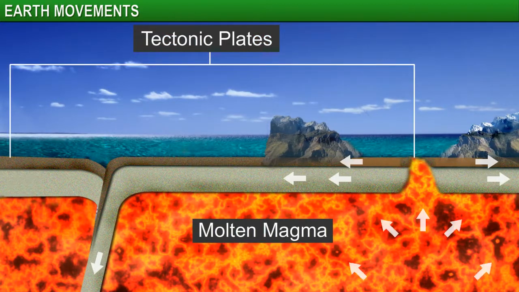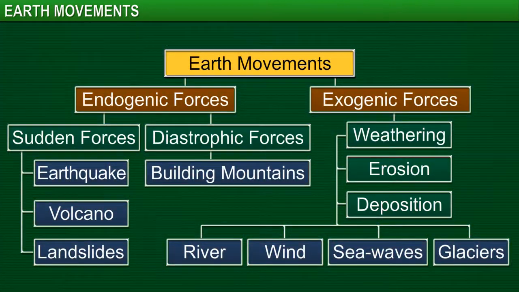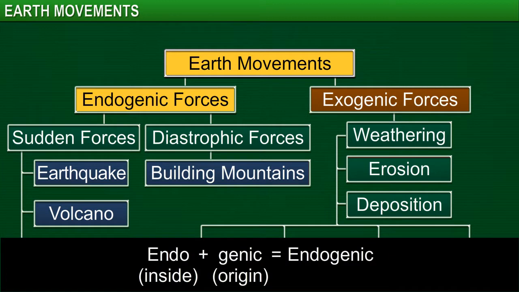The Earth's movements can be categorized into two types, based on the forces that initiate these movements. Some movements are caused by forces acting in the interior of the Earth. These forces are called endogenic forces, and the movements thus caused are called endogenic movements.